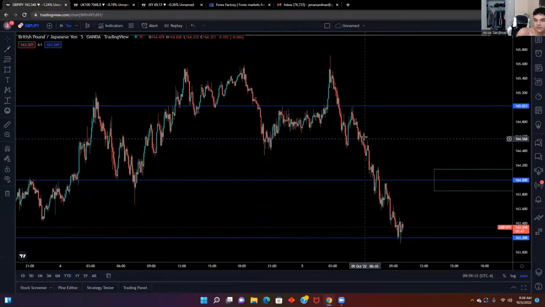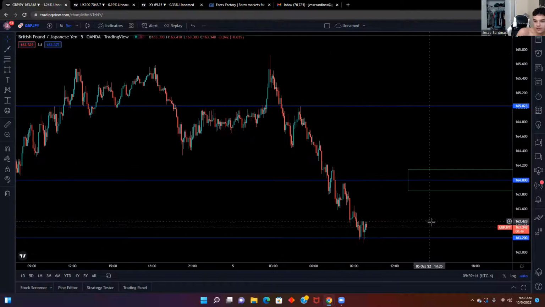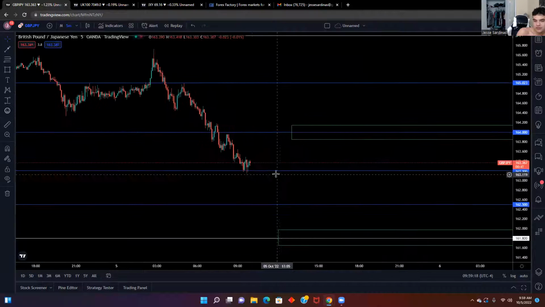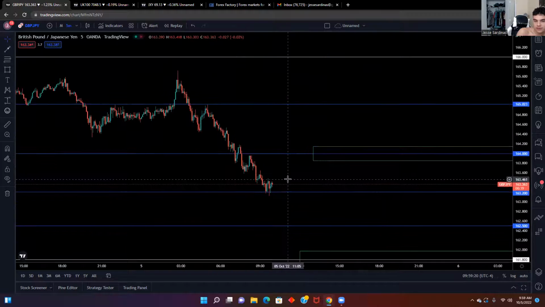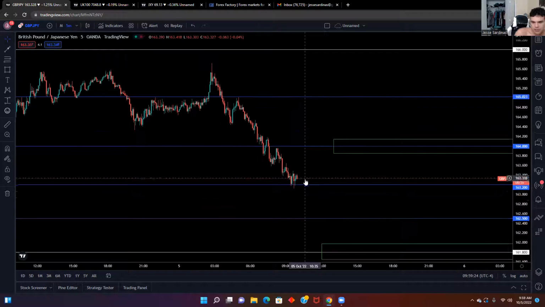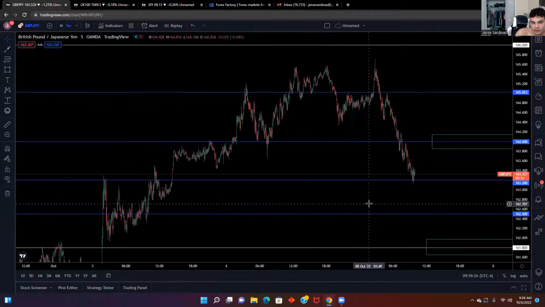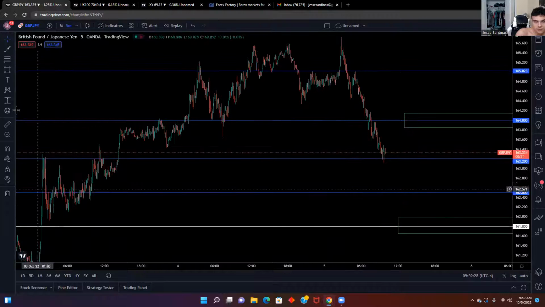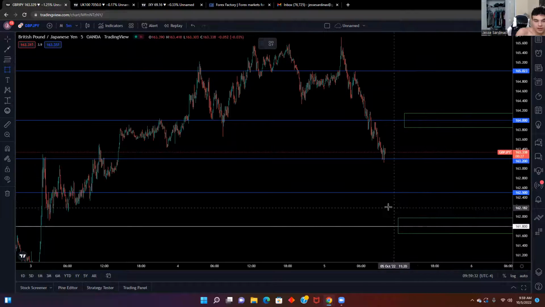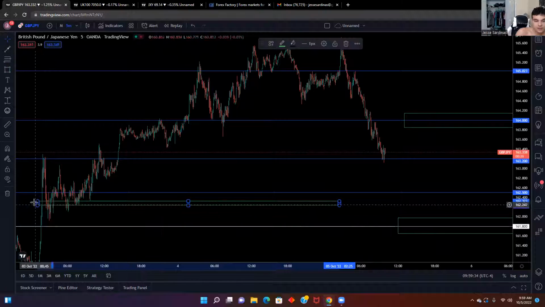Right now you can definitely see that we're on a little pullback. We're reacting to this 163.2, but the price action is still pretty bearish, to be honest. I would definitely like to see a continued pullback, maybe to even this area. It doesn't necessarily even have to reach 161.8. It could just react to this little area here.